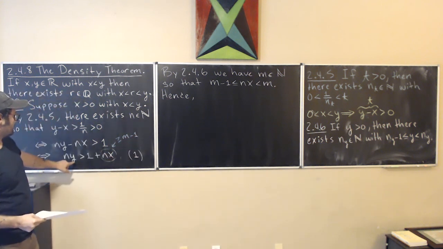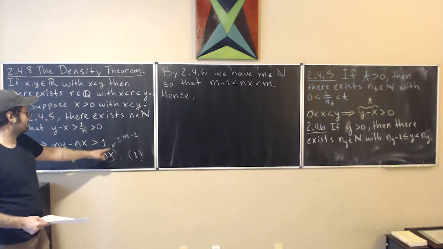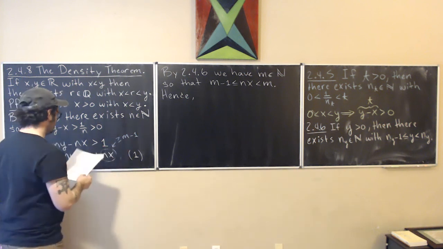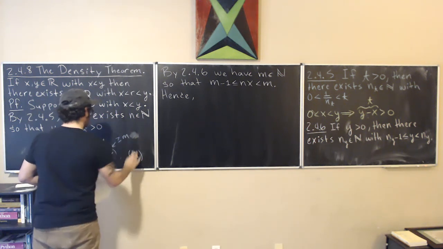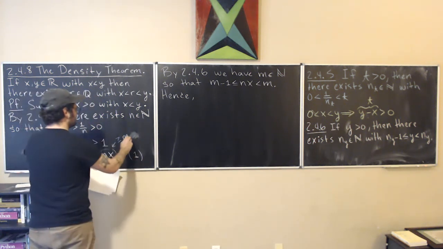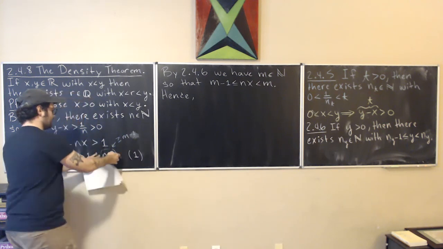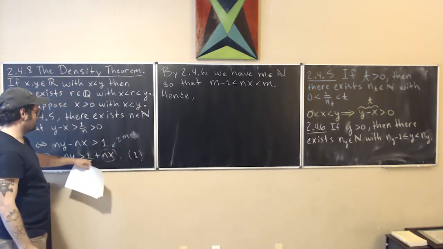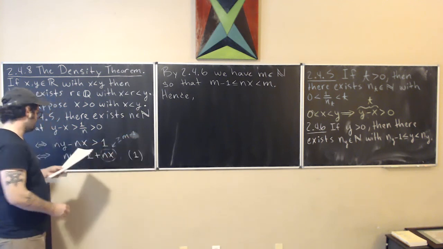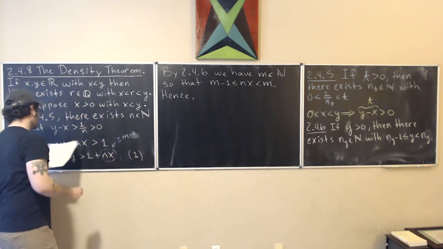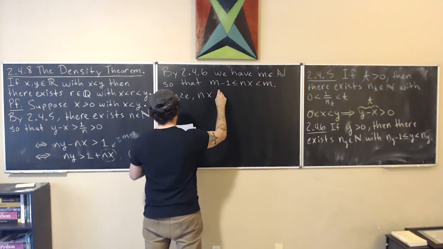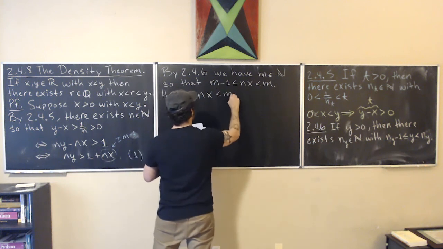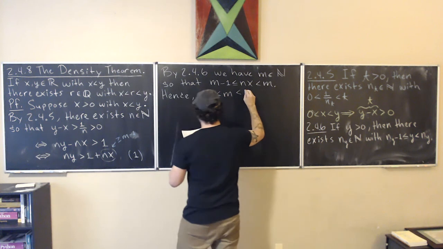So that means that ny is greater than nx plus 1. Oh, sorry. That single term right there, nx, is greater than or equal to m minus 1. So if I replace that term, I get that ny is greater than 1 plus m minus 1. Okay, so that's what I'm going to write here. nx is less than m, which is less than ny.